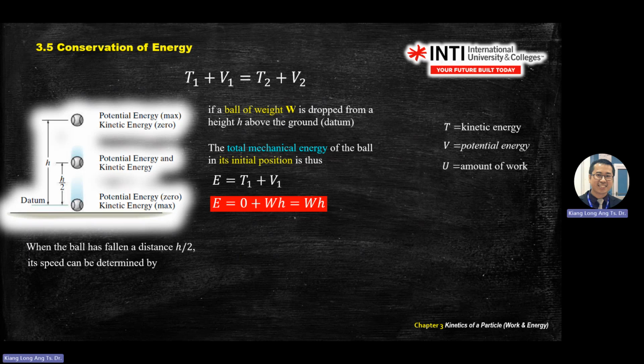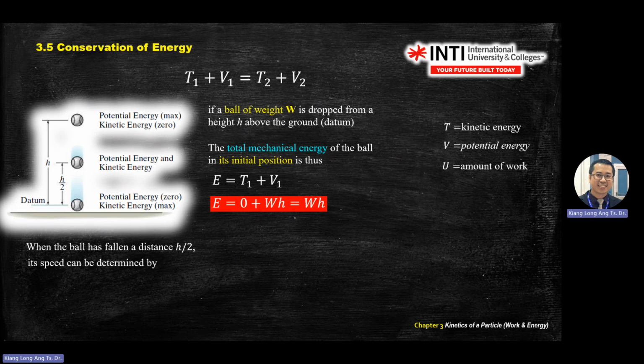At the top, you don't have velocity, so velocity is 0, half mv squared is 0. But potential energy is maximum, because mgh, the datum is here. It's above the datum, so it's charged up with potential energy. So you have positive mgh.